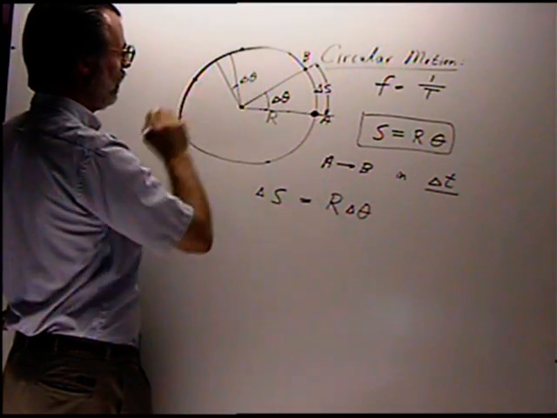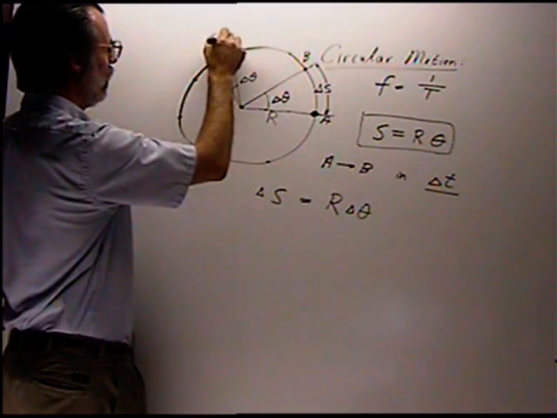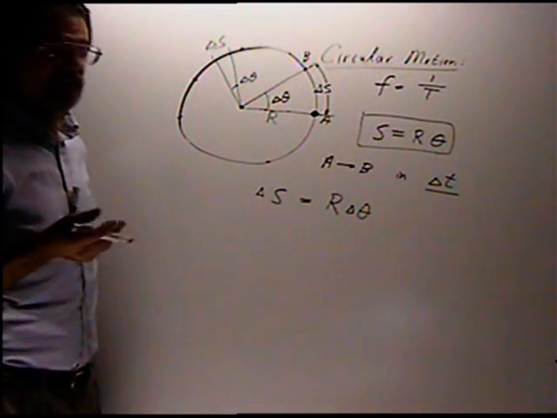Here's my delta theta. The arc length that I change from here to here would simply be delta S.